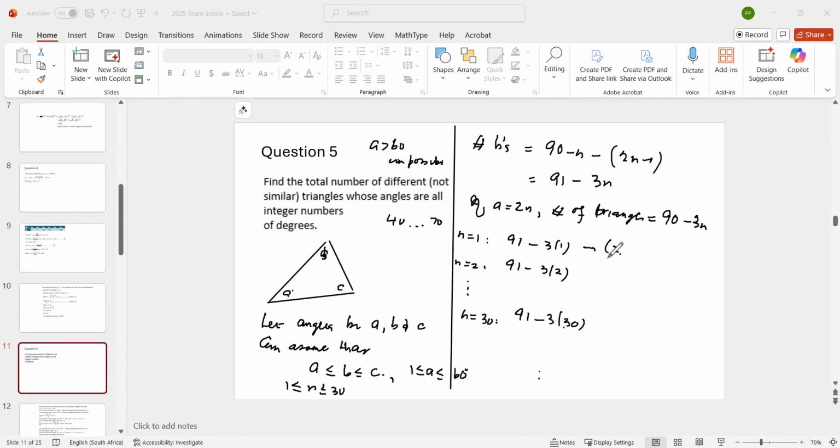See, for A equals 2. For A equals 4, you get 91 minus 6, 85 such triangles. All right, so how many do you have altogether?